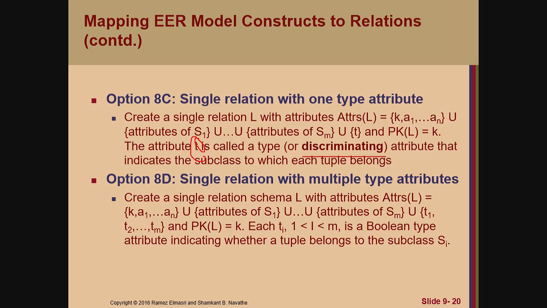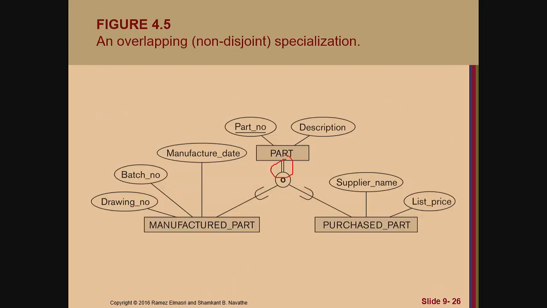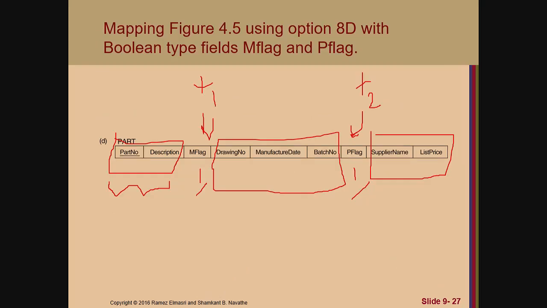And the last one is the single relation with multiple type attributes. This means the superclass can belong to several subclasses. That's fine. So we need the Boolean flag to identify which classes the superclass belongs to. Okay.